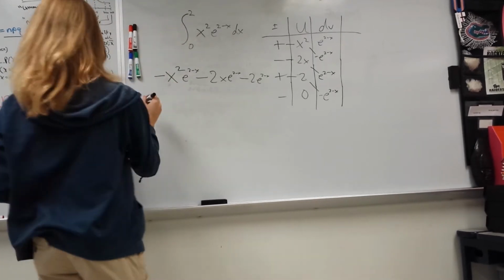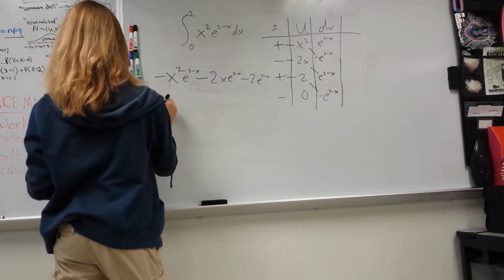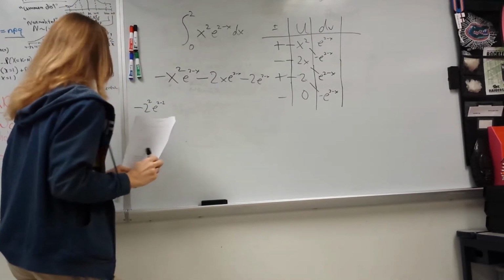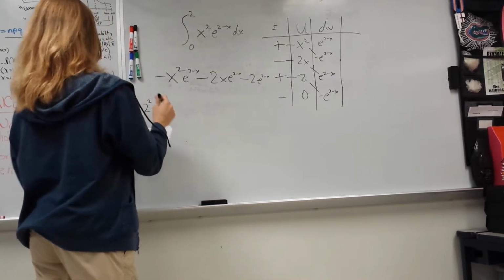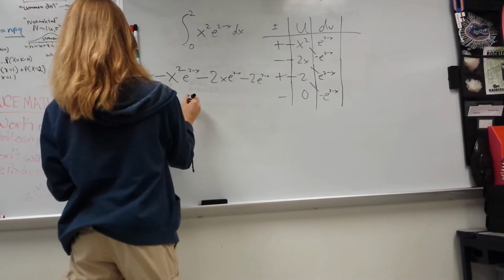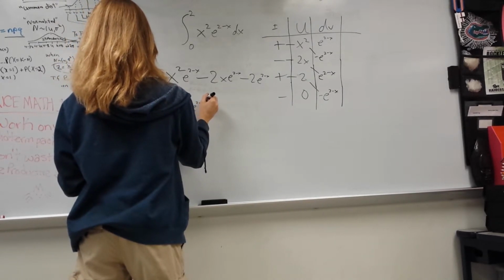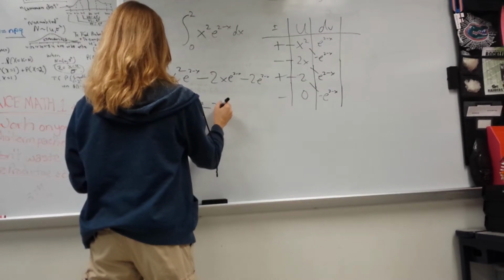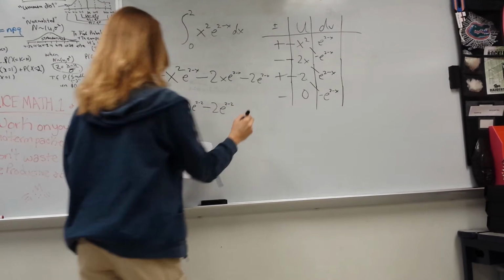So we plug in 2. So negative 2 squared, e to the 2 minus 2. Hey, that's the one that cancels things. Now we do that minus 2 times 2 times e to the 2 minus 2.